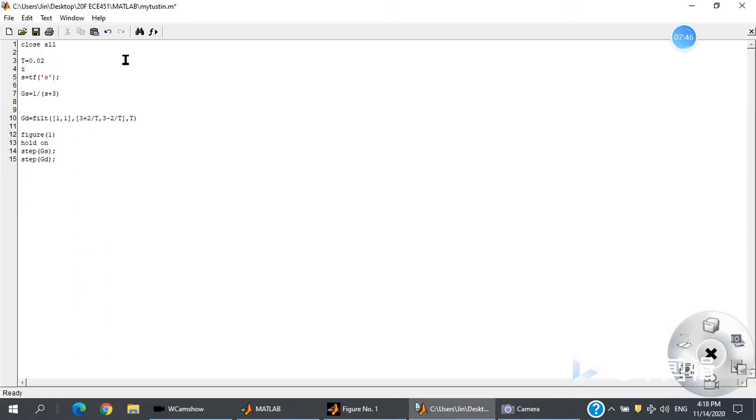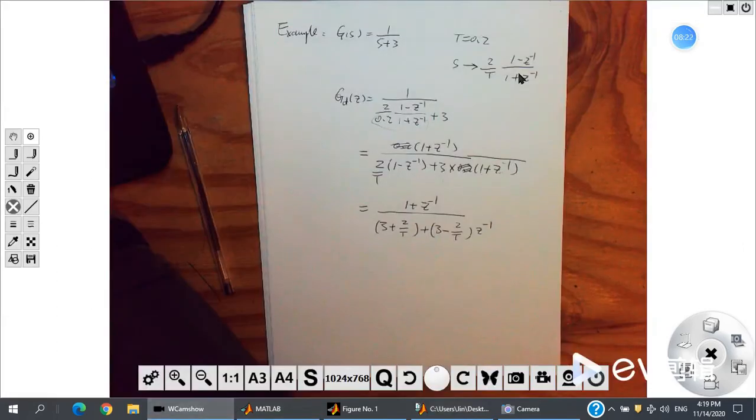Then I define Z equal to the transfer function of this, a Z with step T. So I have Z. Now I can write the transfer function just using S and Z. So like this is G of S, then G of D. For G of D I can just use 1 over, okay, here's S plus 3. I replace S plus 3 by what's the formula? It is T over 2. Okay.